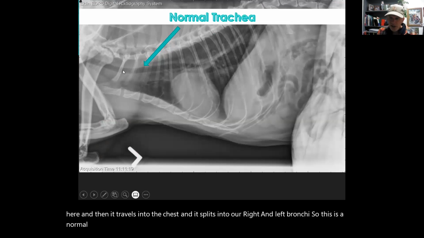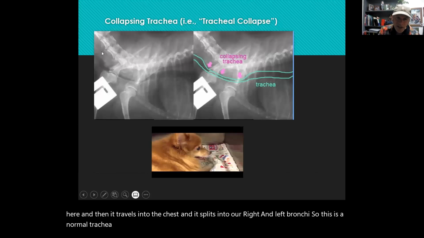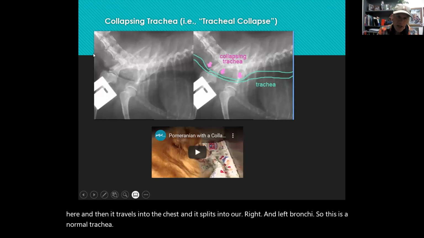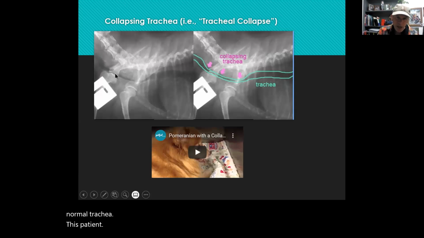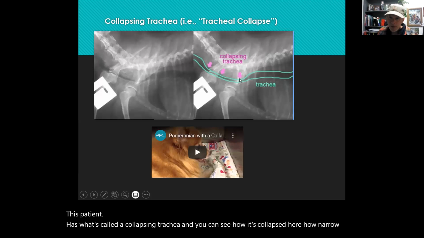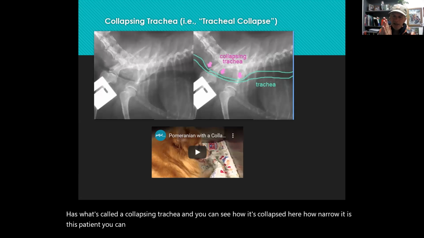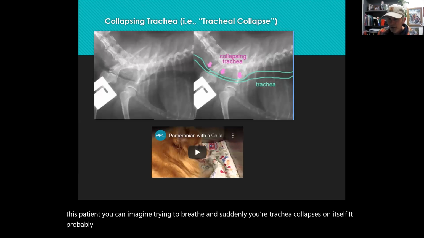It's this rigid tube. This patient has what's called a collapsing trachea, and you can see how it's collapsed here, how narrow it is. You can imagine trying to breathe and suddenly your trachea collapses on itself. It probably feels like you're choking on something.